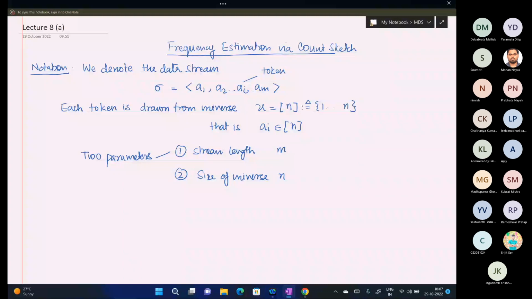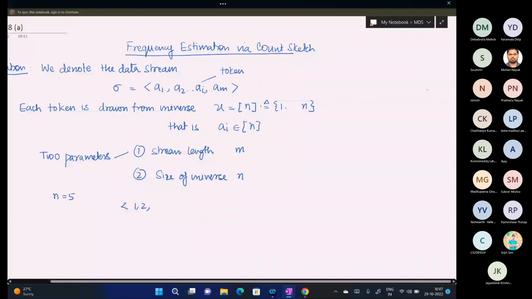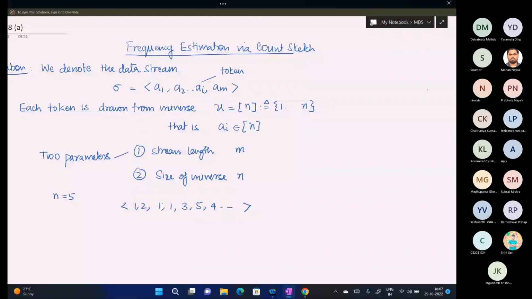For example, if n is equal to 5, one data stream could be 1, 2, 1, 1, 3, 5, 4, and so on. And these we call tokens. I hope the notations are clear.